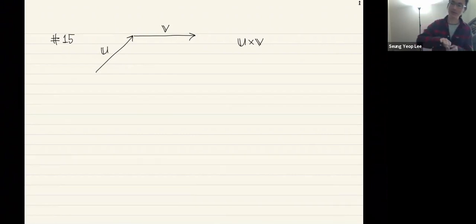So if you place your 4 fingers in the direction of U, and the palm must be to the direction of V, then the thumb is going into the screen. But if my gesture is looking like going towards you, it's confusing.